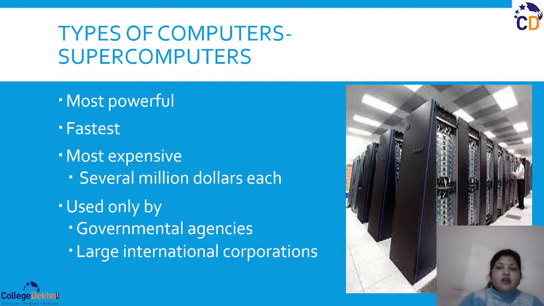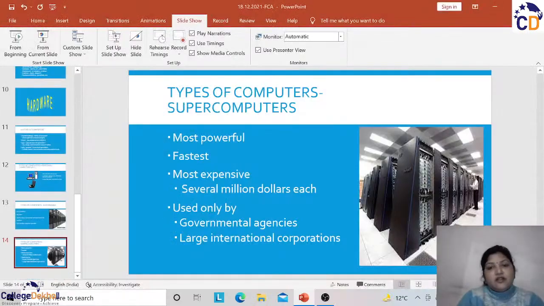In later series, we will be learning about the functional units of computers, how they are related to each other, what an operating system is, what registers are, the types of registers we have, and how information is stored in registers. So in later series we will be learning about these topics, right?